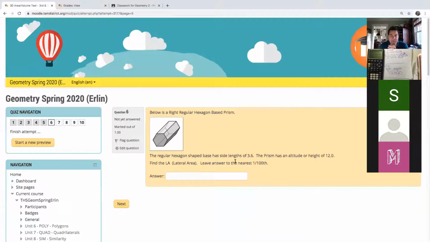So how is this problem different than what we did for number 3 and 4? Where we did a right rectangular prism, then we did a cylinder, now we're doing a right hexagon-based prism. What's the only distinction here? What makes it different? Anyone? Your ruler?